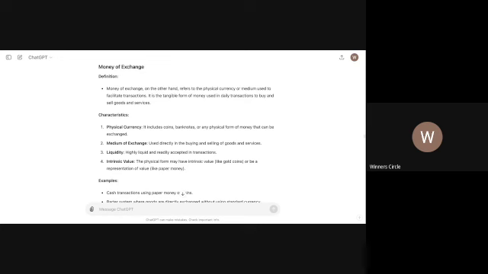Even though they are the same, they are different. Okay, medium of exchange used directly in buying and selling goods and services. Okay, when you have a Federal Reserve note in your hand, it is a promissory note. It is a promise to pay note. All right, it is highly liquid and readily accepted in transactions.